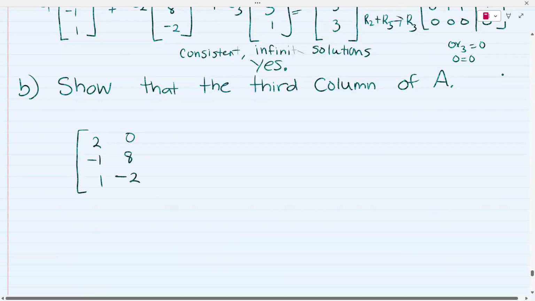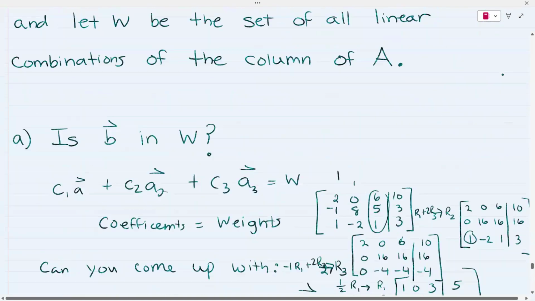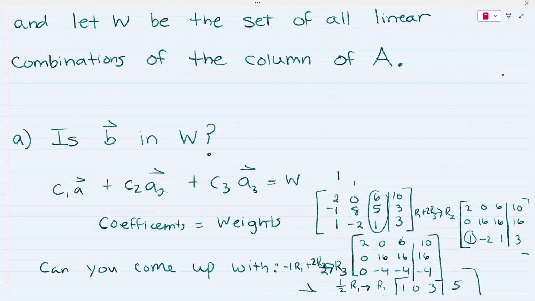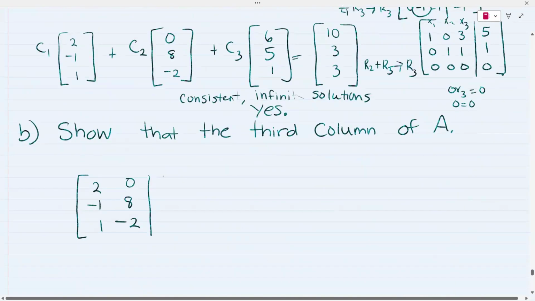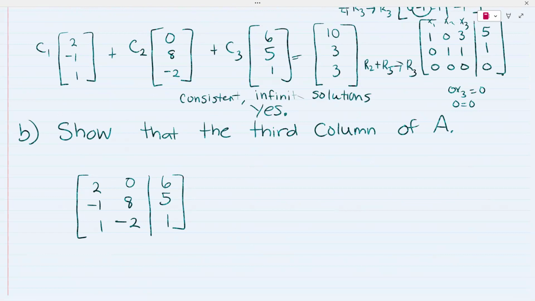Almost like Cramer's rule, and then a straight line for equals. Then you're going to replace 10, 3, 3 with this vector 6, 5, 1. And then we're going to do row operations. We're trying to get all our diagonals to be ones, and then everything below zeros.